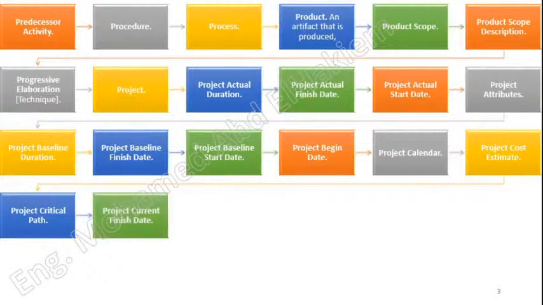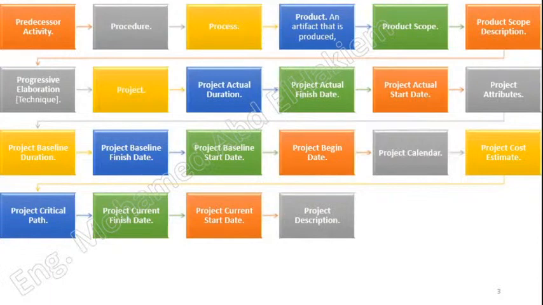Project current finish date. The current estimate of the point in time when the last schedule activity in the project will be completed, where the estimate reflects any reported work progress. Project current start date. The current estimate of the point in time when the first schedule activity in the project will begin, where the estimate reflects any reported work progress. Project description.